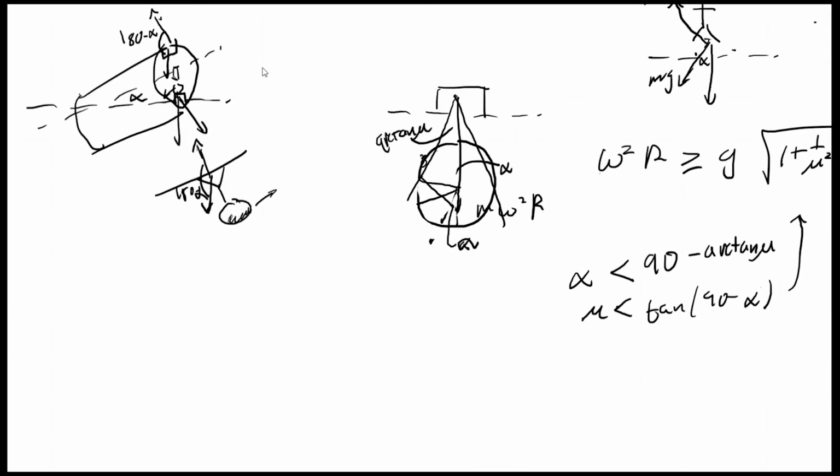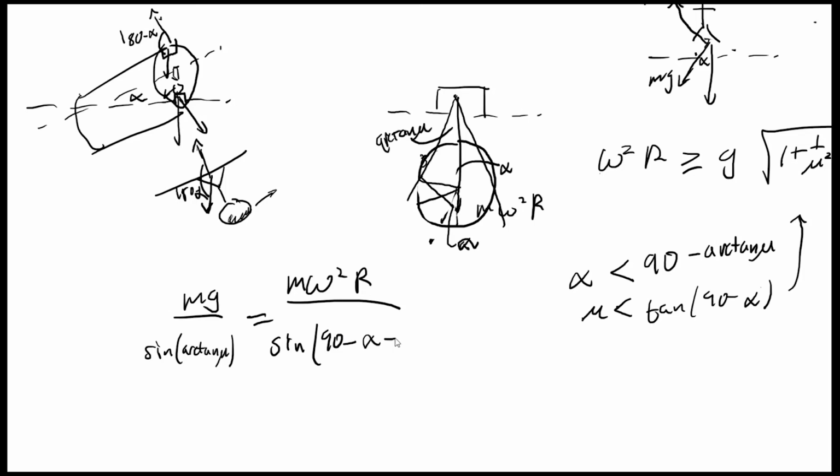So law of sines gives here that, well, this over this, the sine of this value is going to be constant. So mg over sine of arctan mu is equal to m omega squared r divided by the sine of 90 minus alpha minus arctan mu.